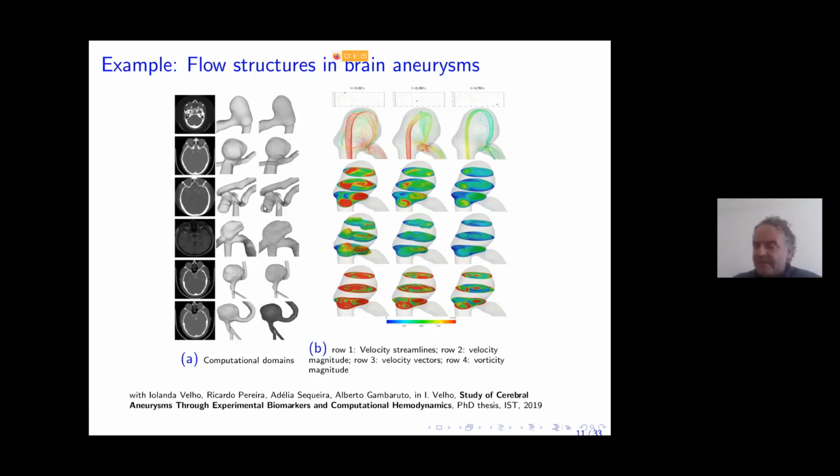Essentially, the idea here is to try to have a way to predict, based on computational simulations, if possible, whether an aneurysm can go into rupture, whether the risk of rupture is higher or not. I must tell you that the results were not that conclusive.